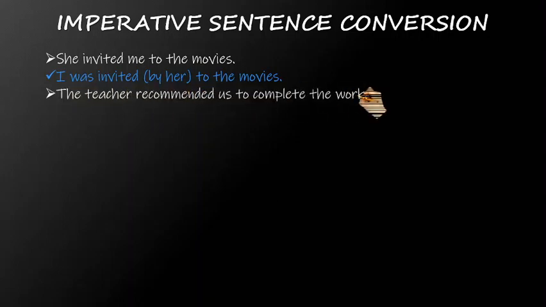The teacher recommended us to complete the work. So again, let's have the basic things. You see, to complete is the infinitive portion. So we will keep that aside. We will not touch it, at least not now. If we are to do this thing as we did the previous sentence, so to complete the work, let us leave it aside.